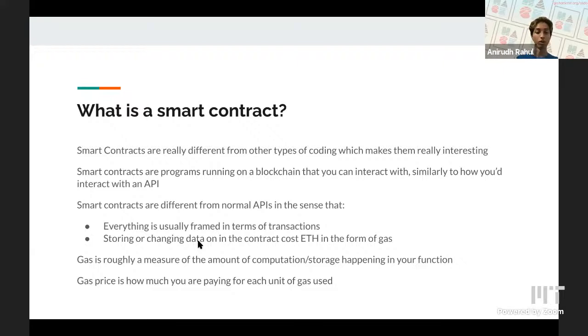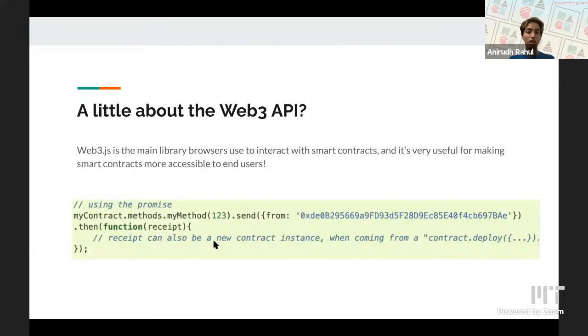And you have to pay real Ethereum, like actual money, to run these transactions in your smart contract. So the more work you do, the more money you will have to pay, right? Gas is a measure of how much computation and storage power your function is using, and gas price is a measure of how much you're paying for each unit of gas, right? Also, this all recently changed with a new Ethereum update, so this is all very new stuff that's still changing.